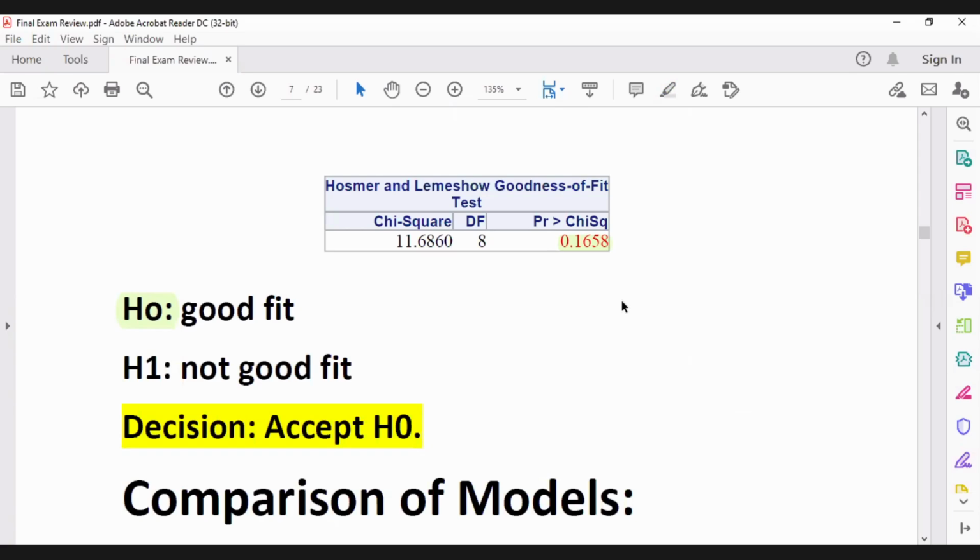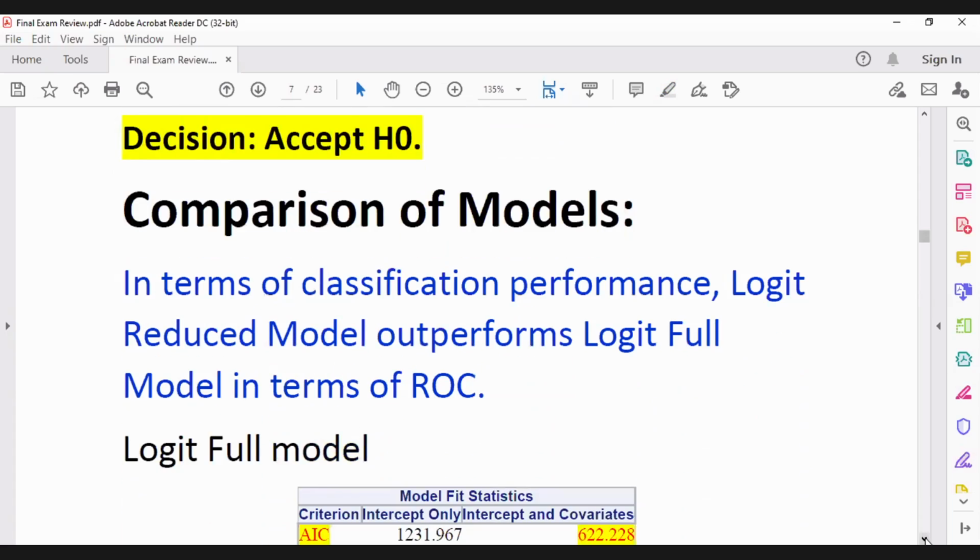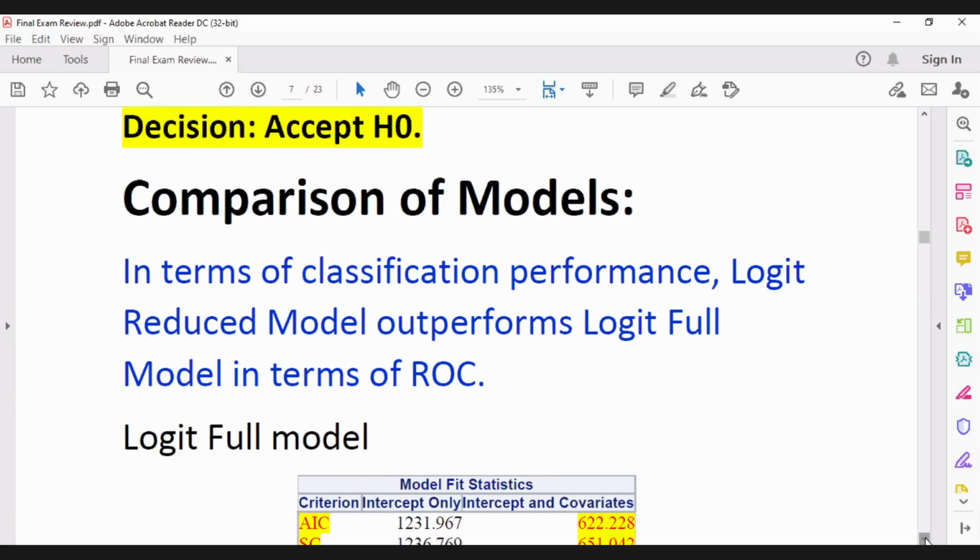Now let's get to some serious stuff. We need to compare the two models, full model versus reduced model, in terms of classification performance. In terms of classification performance, the logit reduced model outperforms the logit full model in terms of ROC.